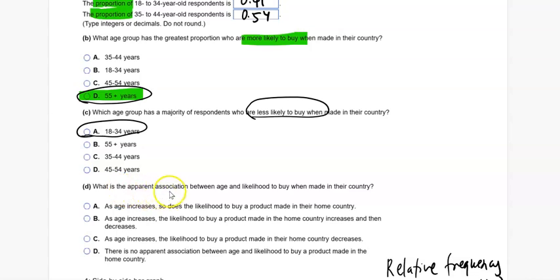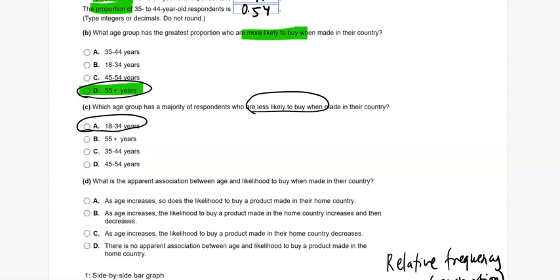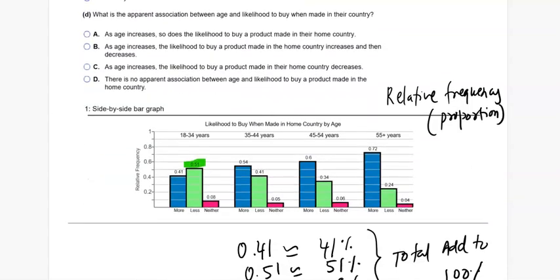What is the apparent association between age and likelihood to buy when made in their country? You're comparing age with the likelihood to buy when made in their country. If you look here, as age increases, people more want to buy products made in their country.